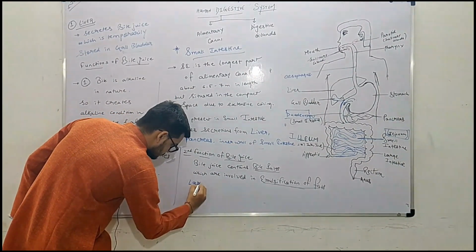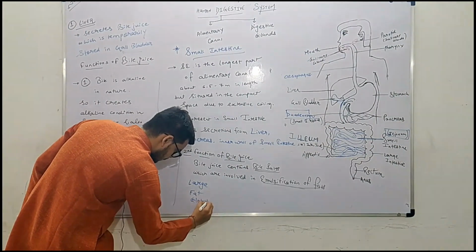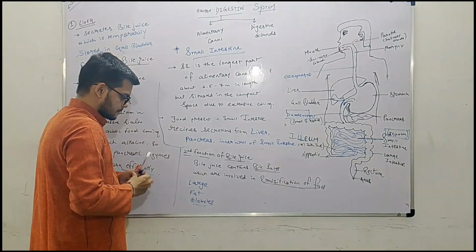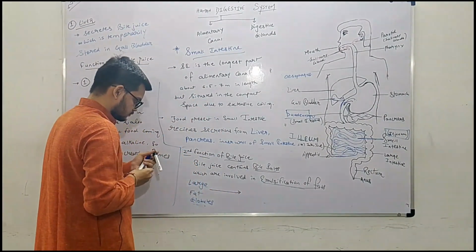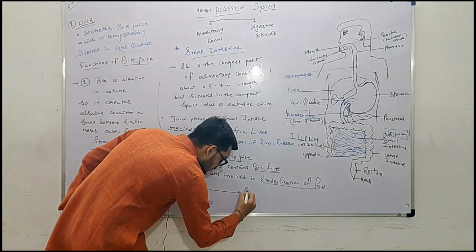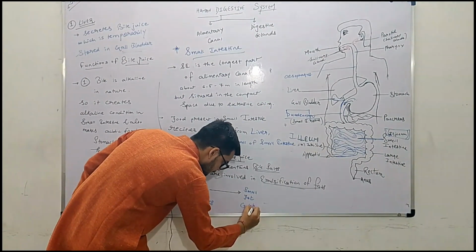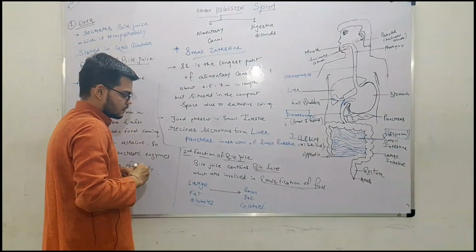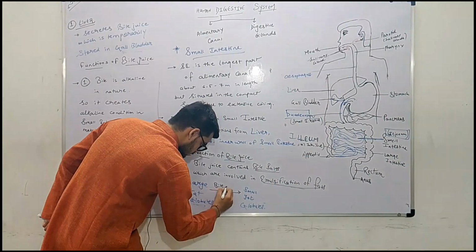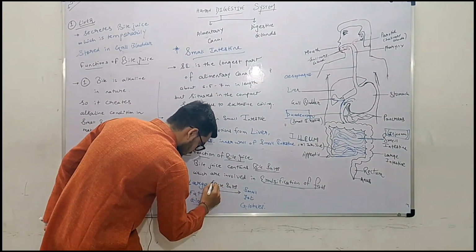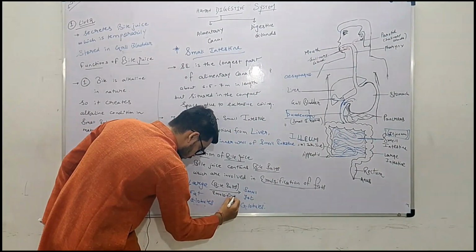So whatever large fat globules are present, it will be converted into small fat globules by the bile salts, and this process is known as emulsification, breakdown.